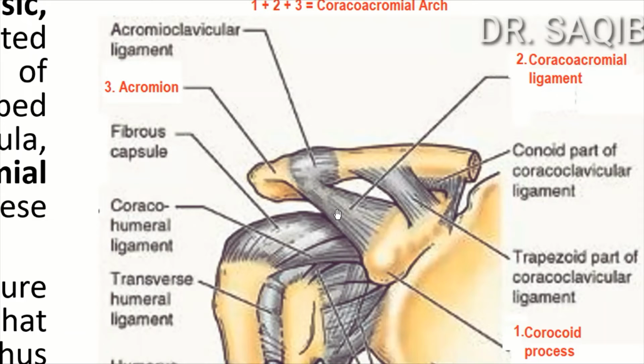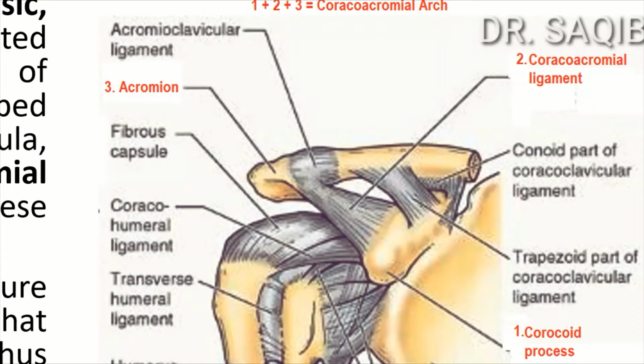Number 2, this is the acromion, and number 3 is the coraco-acromial ligament. Coracoid process, coraco-acromial ligament, and the acromion, and this whole thing is the coraco-acromial arch.